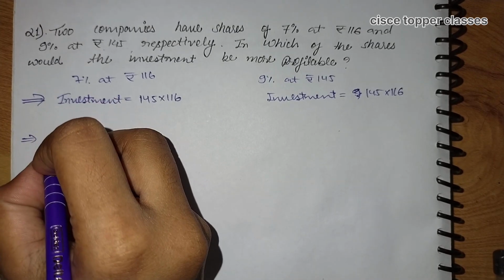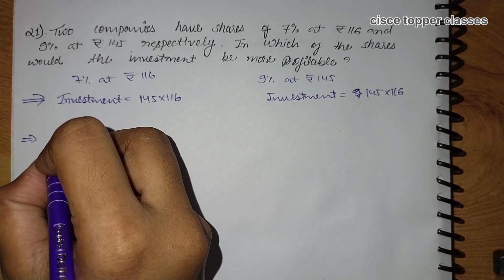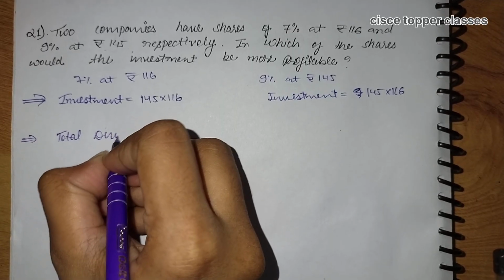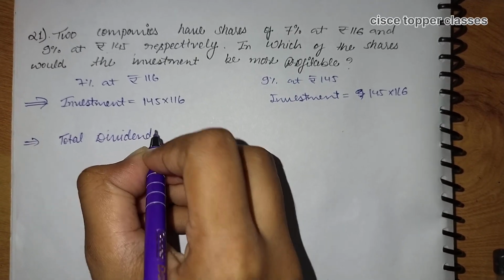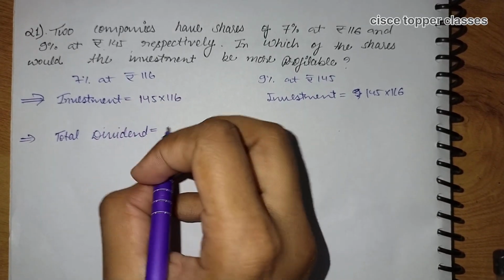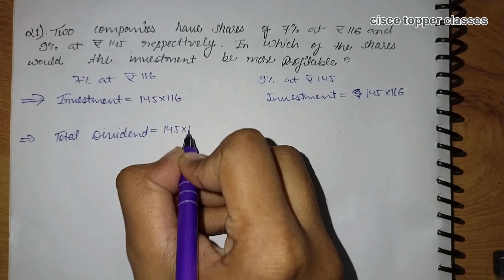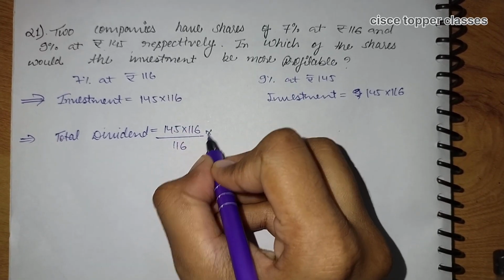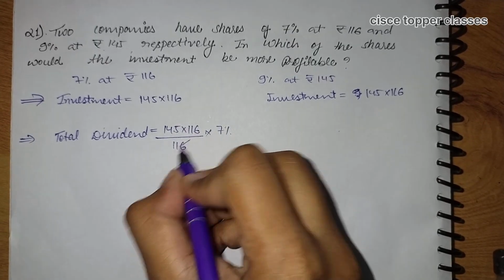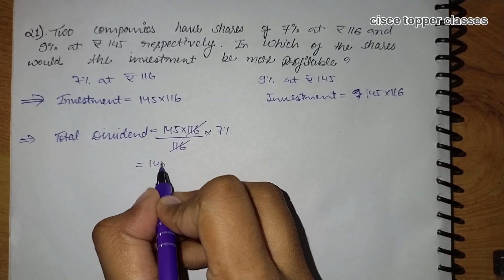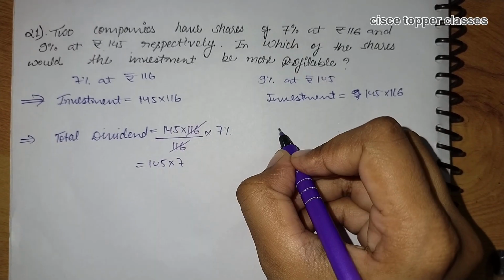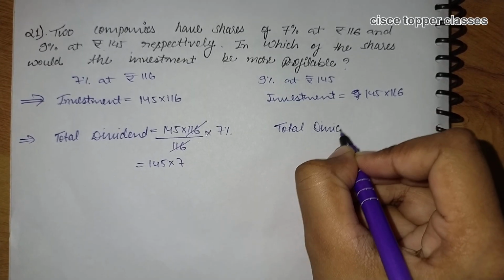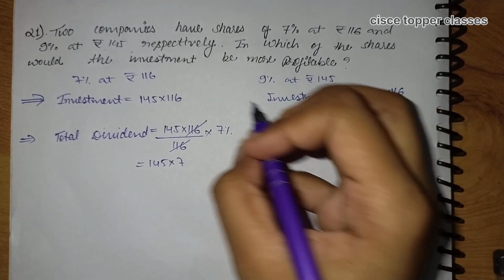So if we write here the total dividend, we can write investment by one share. So this will be 145 into 116 divided by 116. So this will be number of shares into rate, that is 7%. Here this will cancel out, 145 into 7. Like this only here also if we have to write total dividend, so total dividend in the second case.